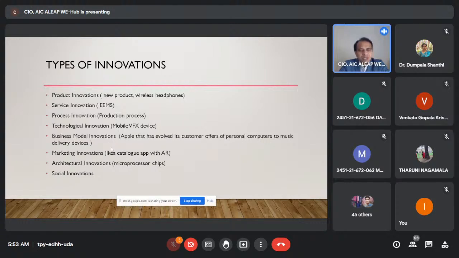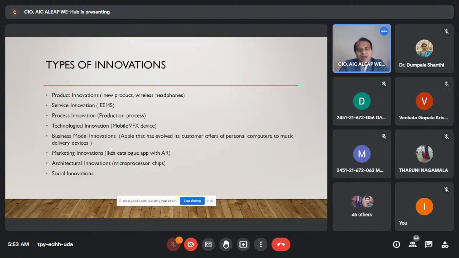When we speak about business model innovation, it is somewhat different. Suppose you have a company that starts manufacturing computers, only computer monitors and CPUs, but not a mouse or other accessory devices like a keypad and so on.